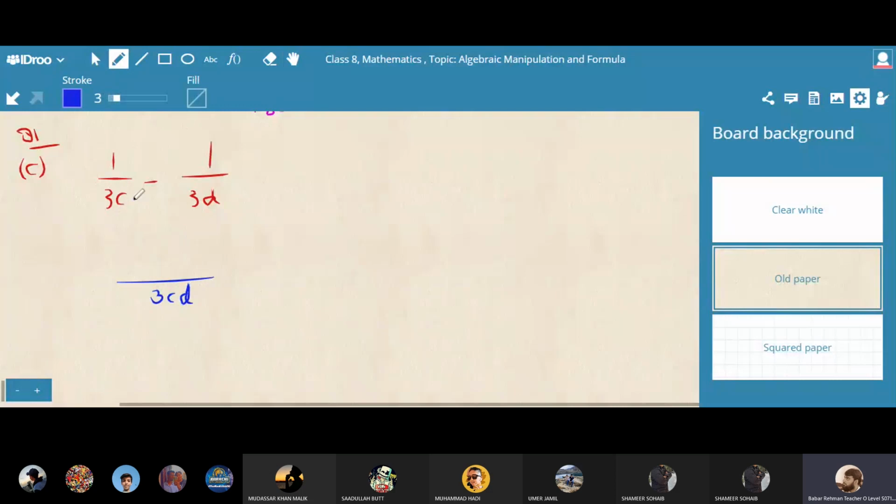I want to make the same denominator, so I multiply this by D, and D will be multiplied by this very number. Over here the denominator is not the same, so I multiply by C. Over here, the same, so it will be D. In the numerator, D minus C.